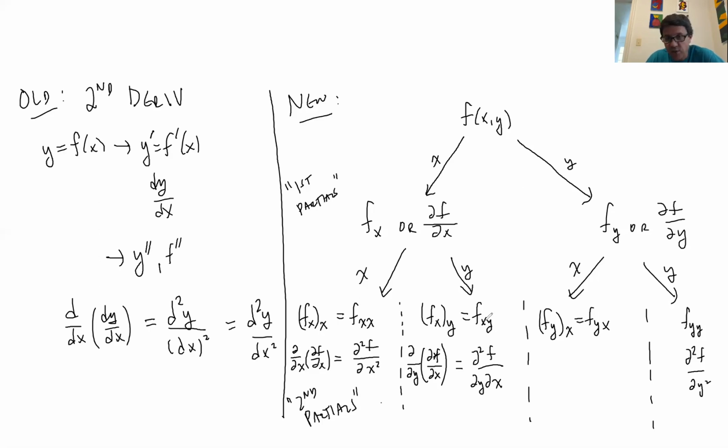The subscript is nice because whatever is closest to the f happens first, and then after that, that derivative happens. And if you have another one, that derivative happens. Whereas this one, you have to really interpret it. It does mean to do the x derivative first, then the y derivative. So you have to read either left to right or right to left, depending on which one you're doing. So if you followed all of that, then this one here means take fy, df dy, and do the x derivative to it.